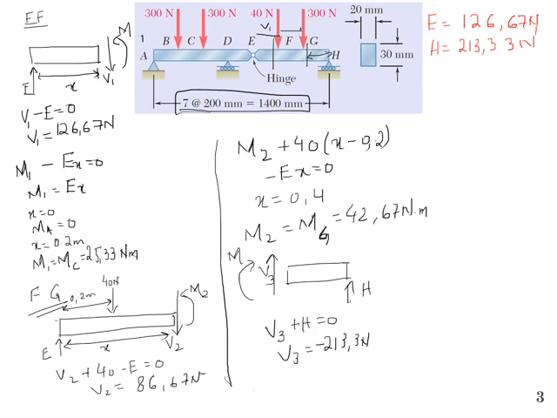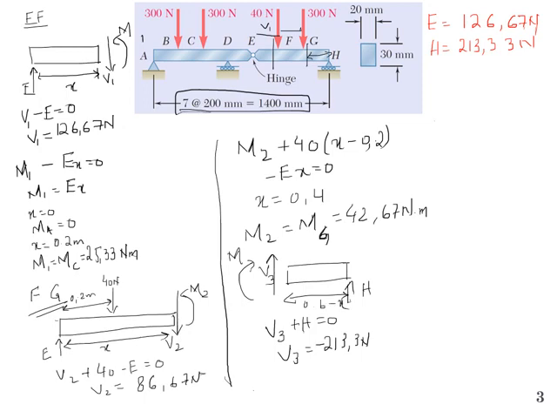Okay, now this distance will be what? That will be equal to L minus x, because we are taking the section from right to left. For this segment EH, the total length is 0.6 meter, so that will become 0.6 minus x.